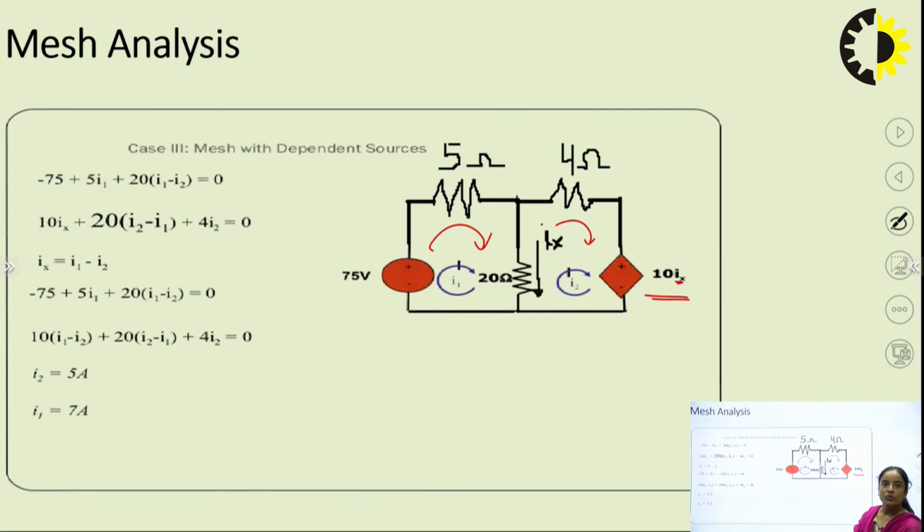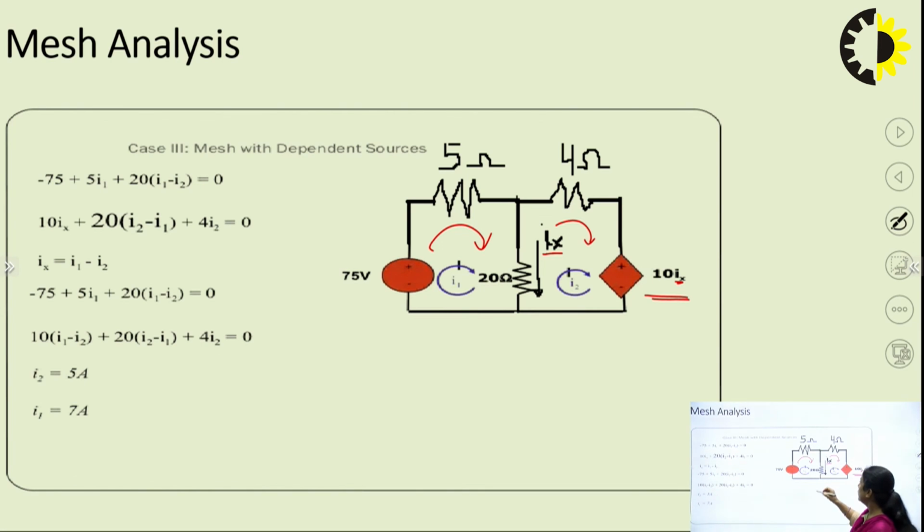Now you just write KVL equations. This is a current dependent voltage source, 10Ix, which depends on the current Ix, and you can write the value of Ix in terms of mesh currents.